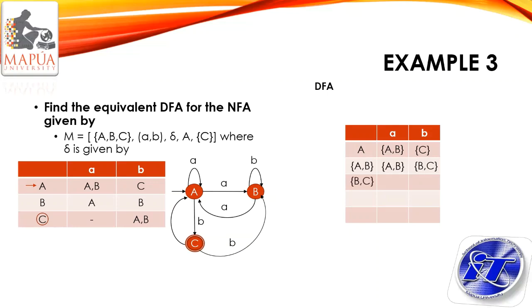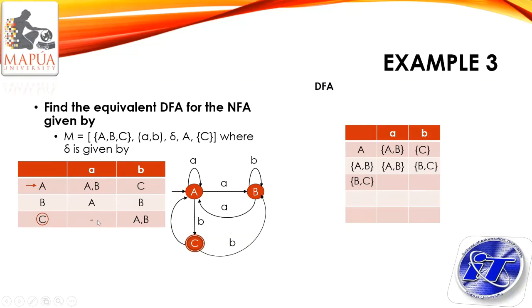Okay. When we encounter A with BC, for B, it will go to A. And for C, if it encounters A, nowhere to go.